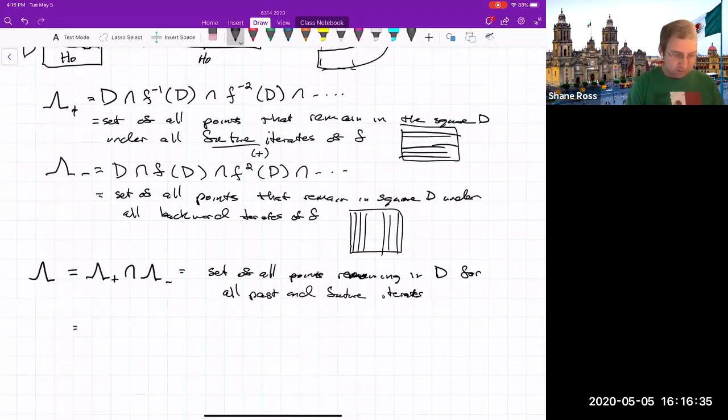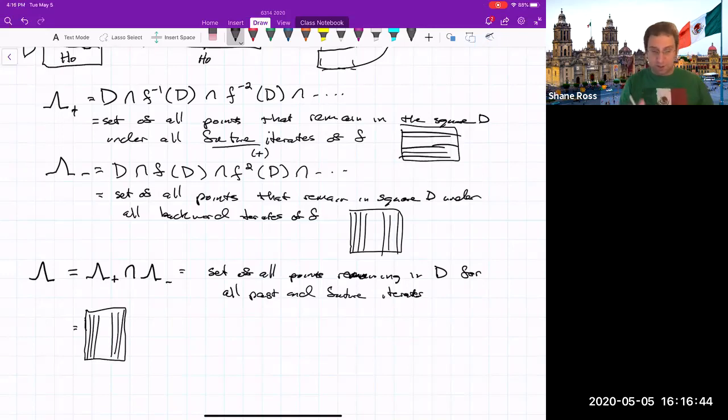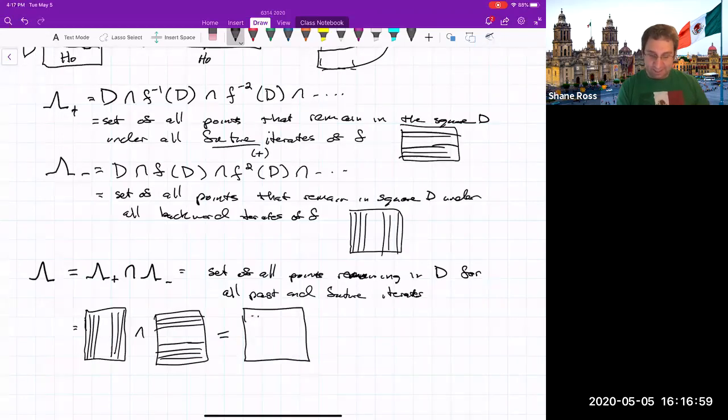And we can kind of geometrically see what this is going to lead to. If you've got lambda minus, which is a bunch of vertical parallel lines, intersected with a bunch of horizontal lines, what will you get? Well, what you're going to get is a bunch of individual points where these two infinite sets of lines intersect.